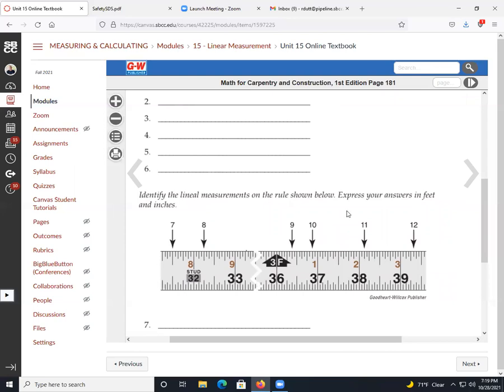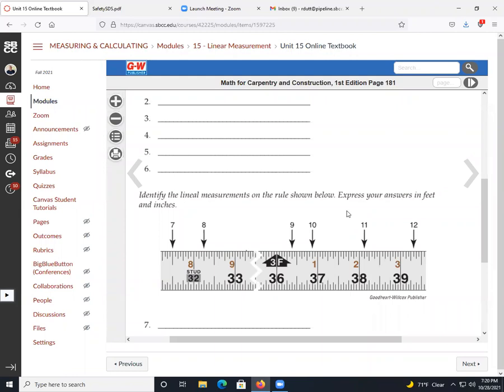Okay, so answers in feet and inches. D'Angelo, what's number 8? 8 and a quarter. 8 inches and a quarter. Oh no, sorry, 32 inches and a quarter. Feet and inches. We've got enough information there. Look up on the screen, while you look at the same thing in your books, right?